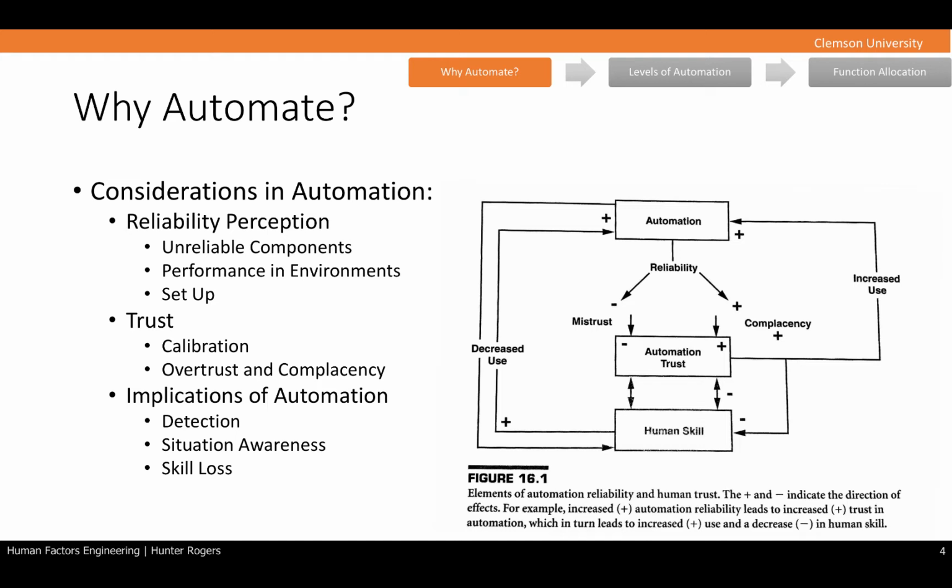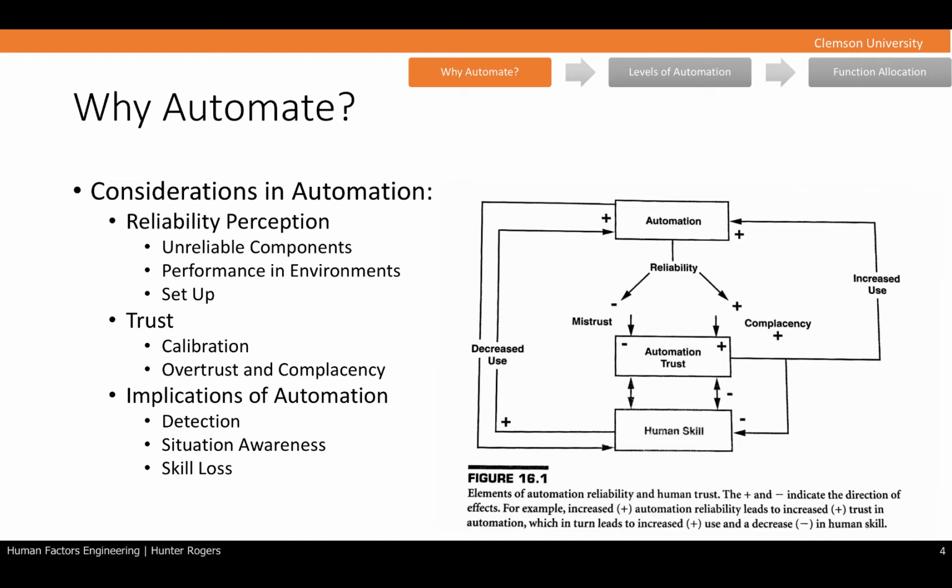So some of the implications of automating a system: when we're looking at detection, how a person detects things in their environment can be affected by implementing an automated system.